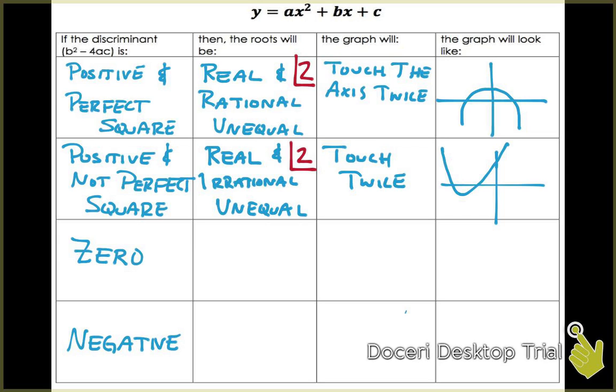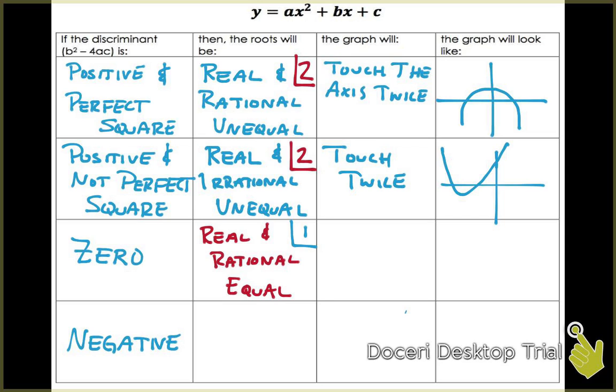If the part under the radical there, the discriminant, b squared minus 4ac, if that is 0, now this is something a little different. You're going to have a real and rational answer, and they are going to be equal now. Because it doesn't matter if you add 0 to something or subtract 0 from it, you're going to get the same answer. So in this case, there's only one root.